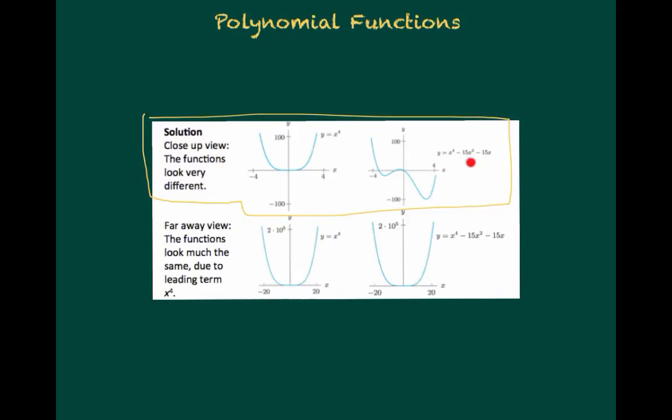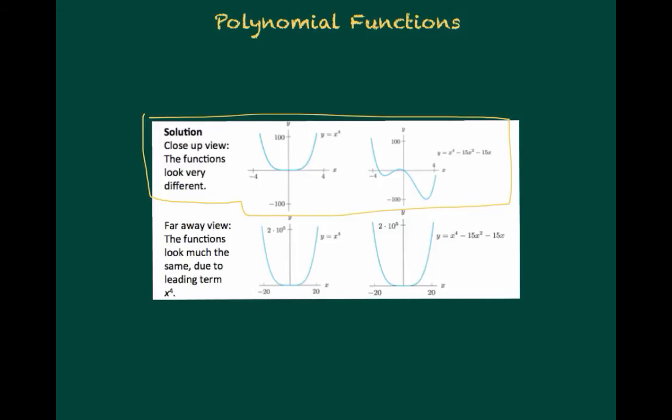Those bumps are caused by subtracting the 15x squared and the 15x. But as we zoom out, the two functions, quite frankly, are indistinguishable. This second polynomial function looks almost identical to the power function.